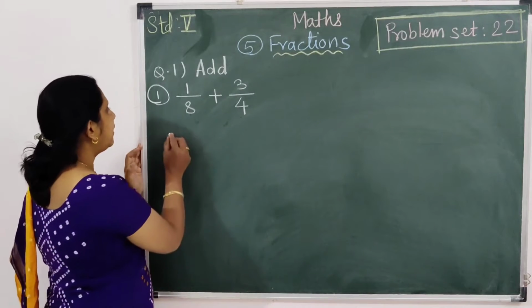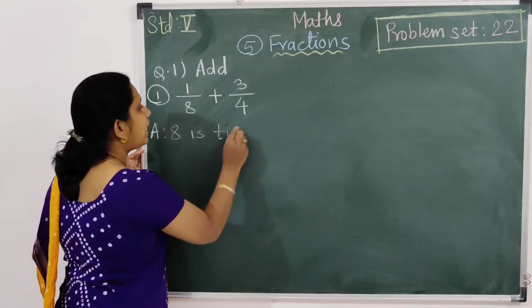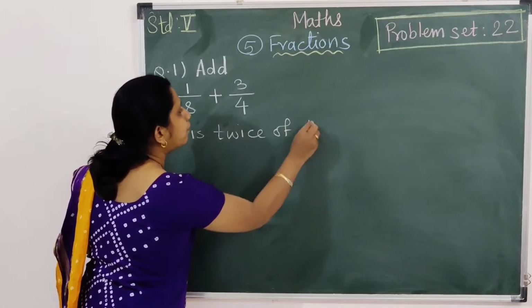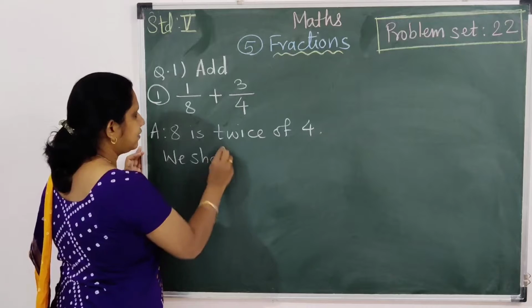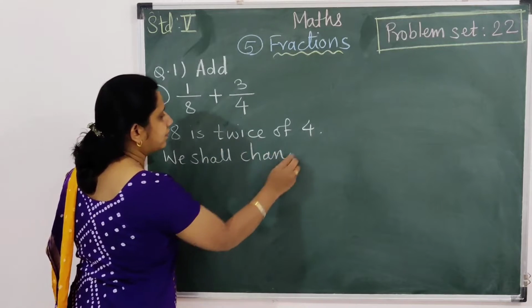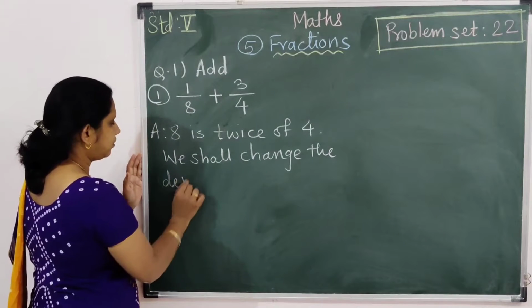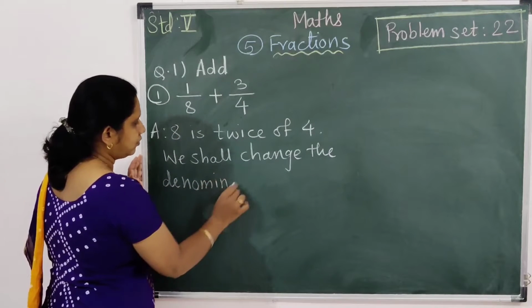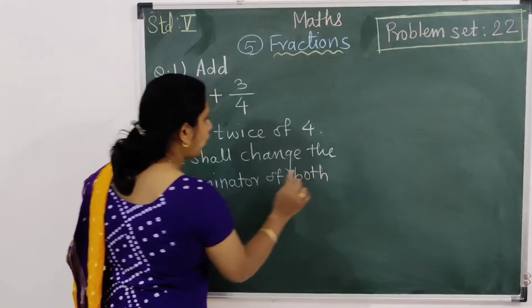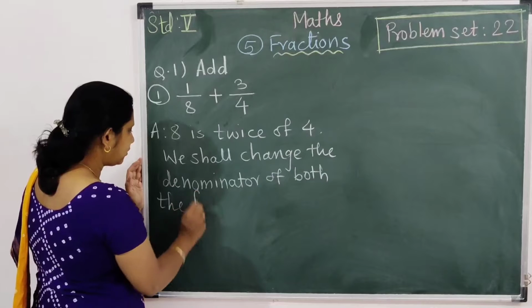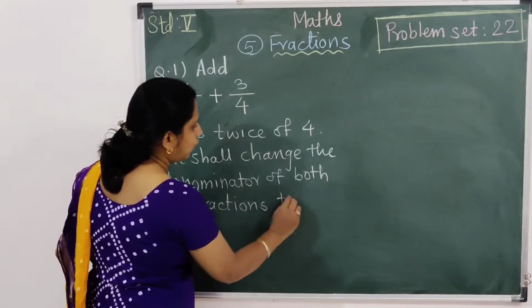Let us write: 8 is twice of 4, so we shall change the denominator of both the fractions to 8.